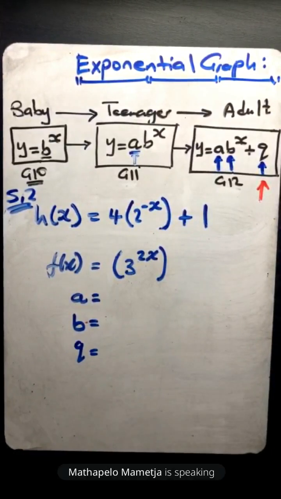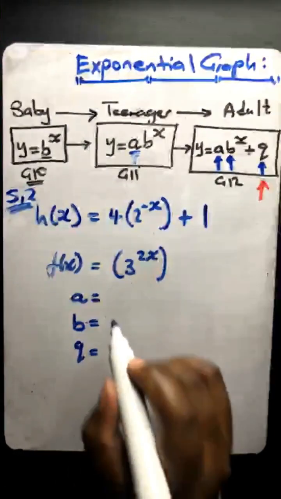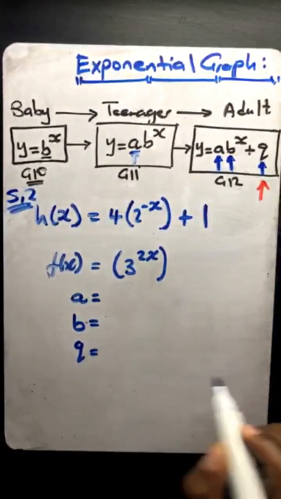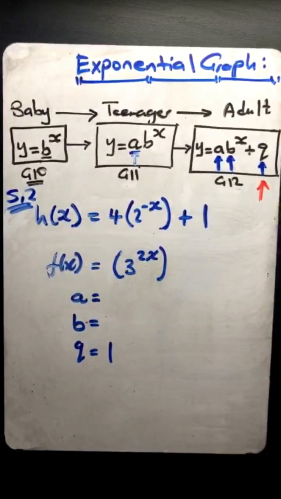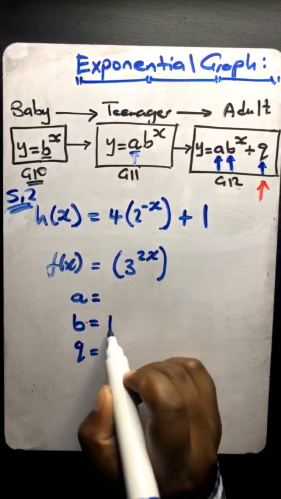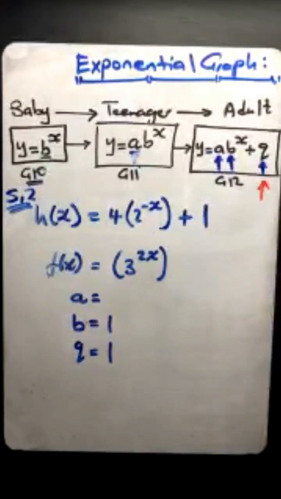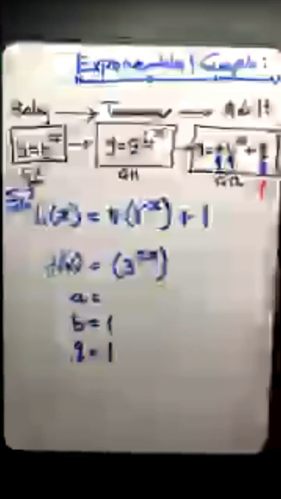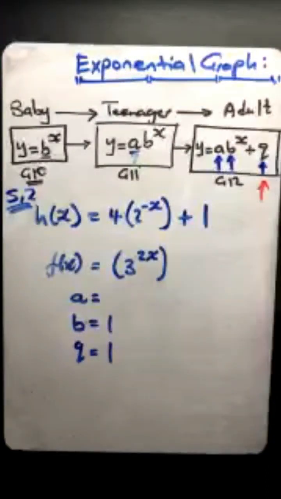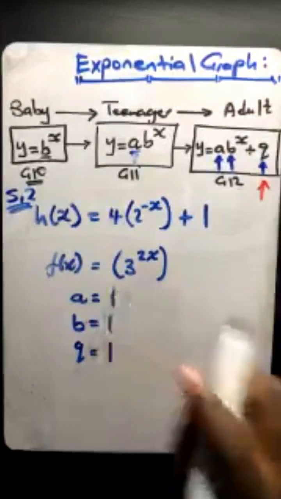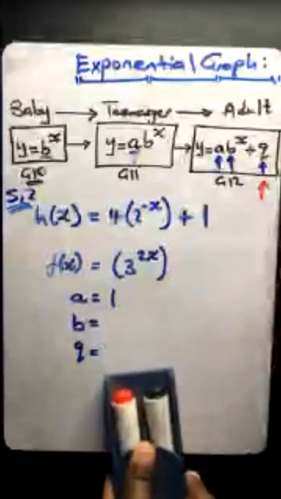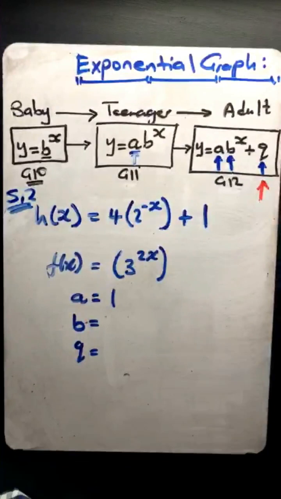One. A, not B. Oh, A is 1. Okay. And then what is B?